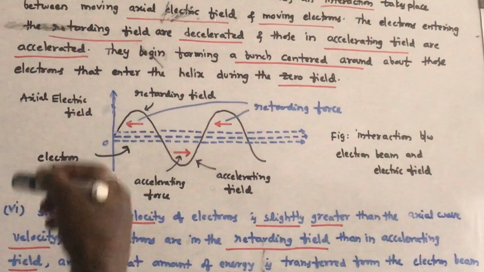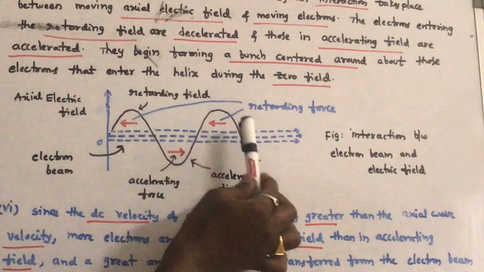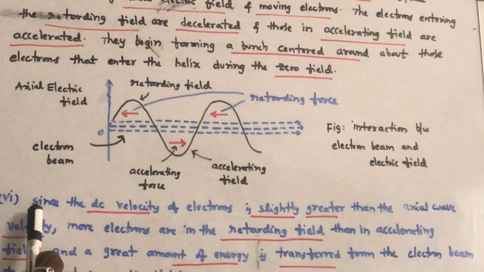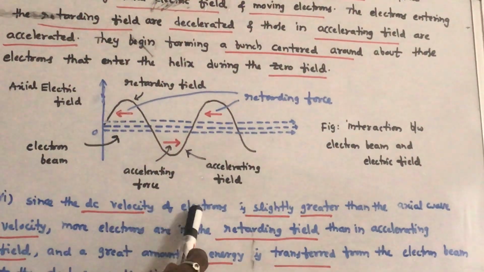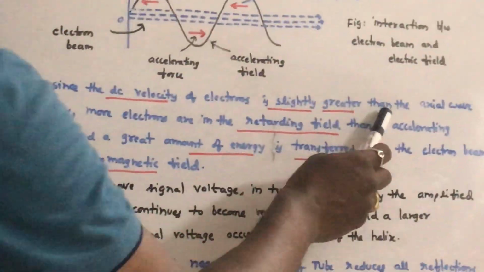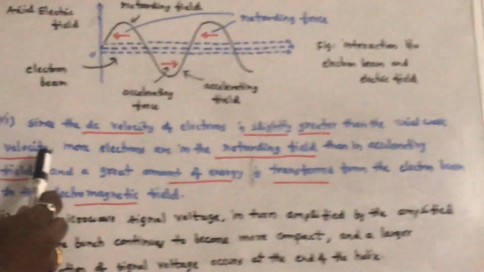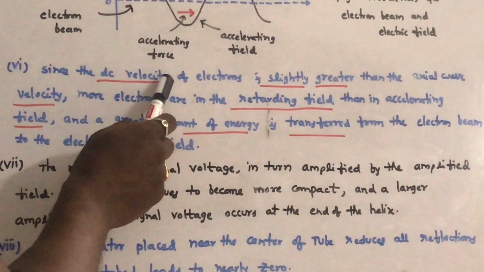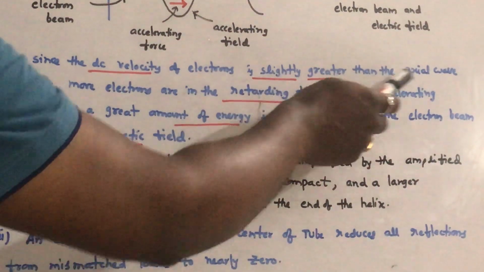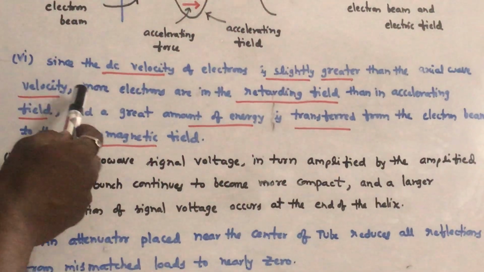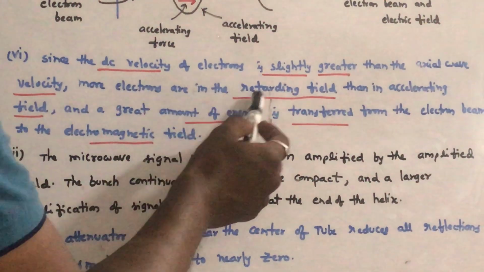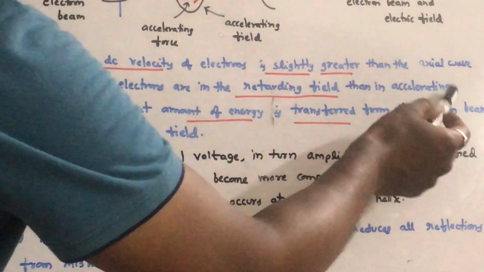Now, what will these bunches do? Let us see. Generally the DC velocity of electrons is slightly greater than the axial wave velocity, which we have given in the earlier formula. More electrons are in the retarding field than in the accelerating field.